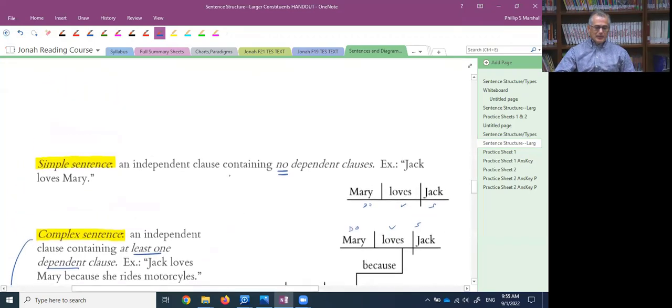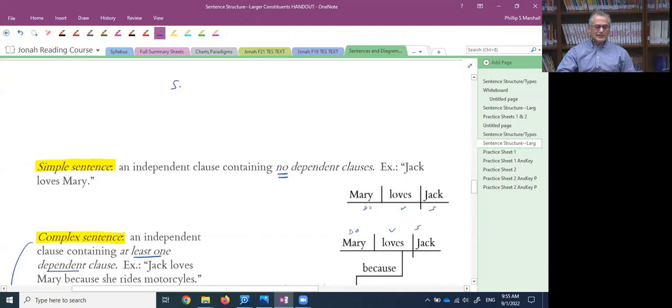And to maybe put it another way, sentences can consist of multiple clauses, right? And a sentence could be one clause as well. So the word sentence is a broader designation.